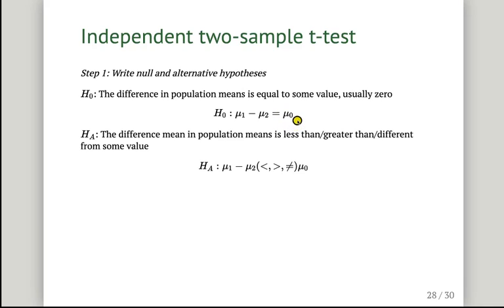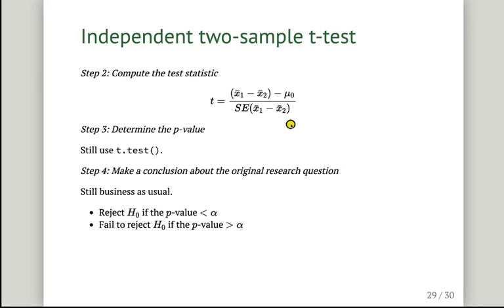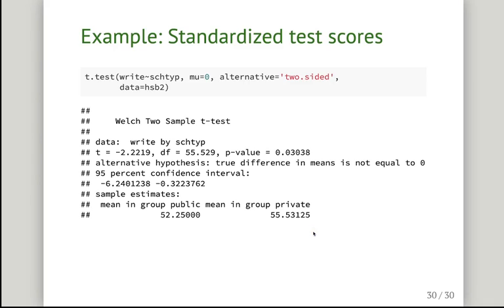Our null hypothesis says that this is equal to some value, probably 0. The difference in these population means is either less than, greater than, or different from some value. We'll calculate the test statistic. We'll calculate the p-value, still using t.test, and our conclusion will be pretty similar as well.